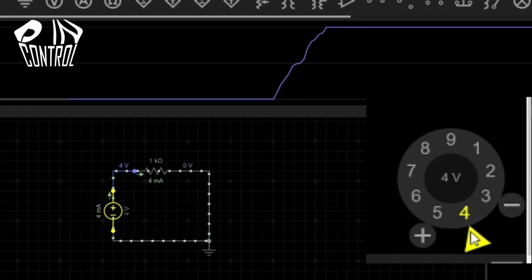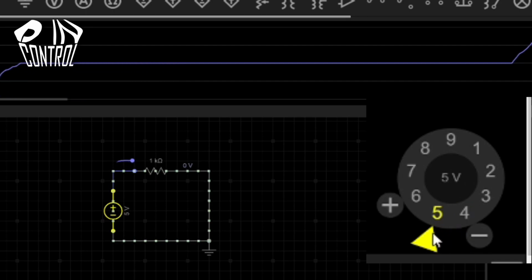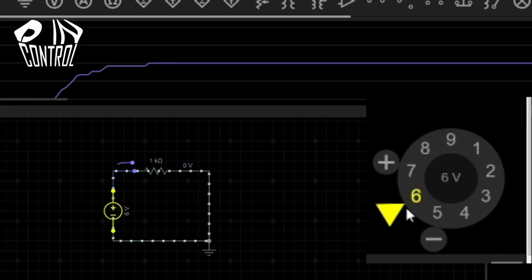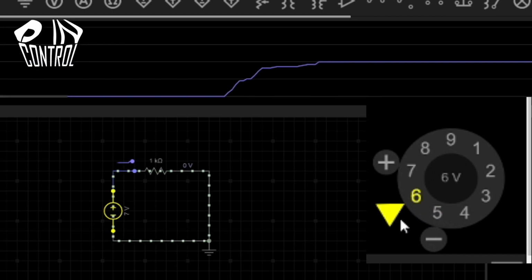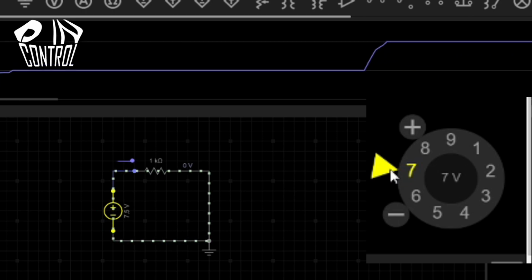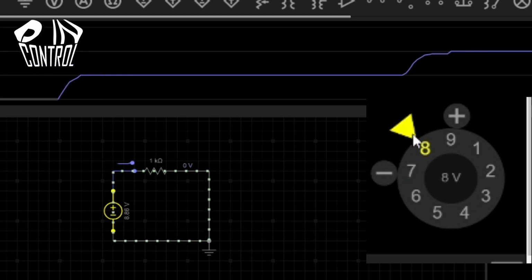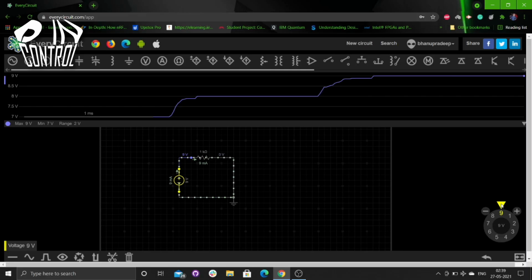When it is 4 volts, it gives 4 milliamps. Five milliamps, 6 milliamps, 7, 8, 9 milliamps.